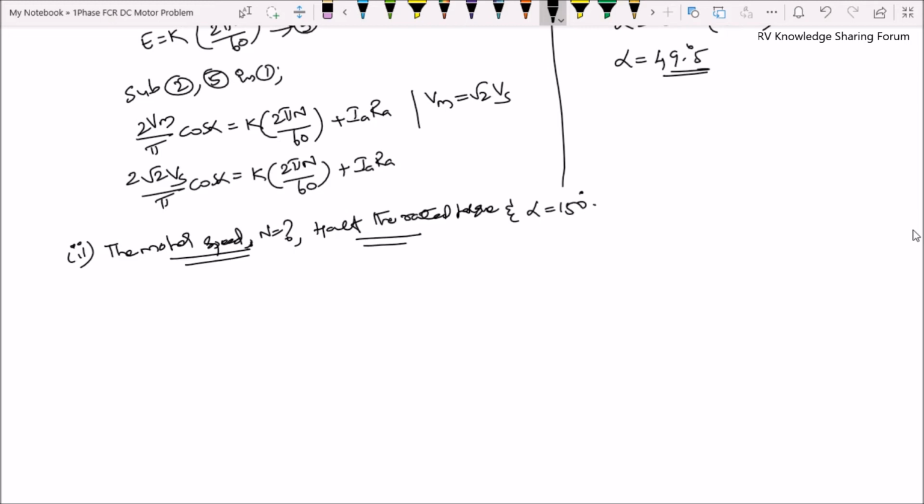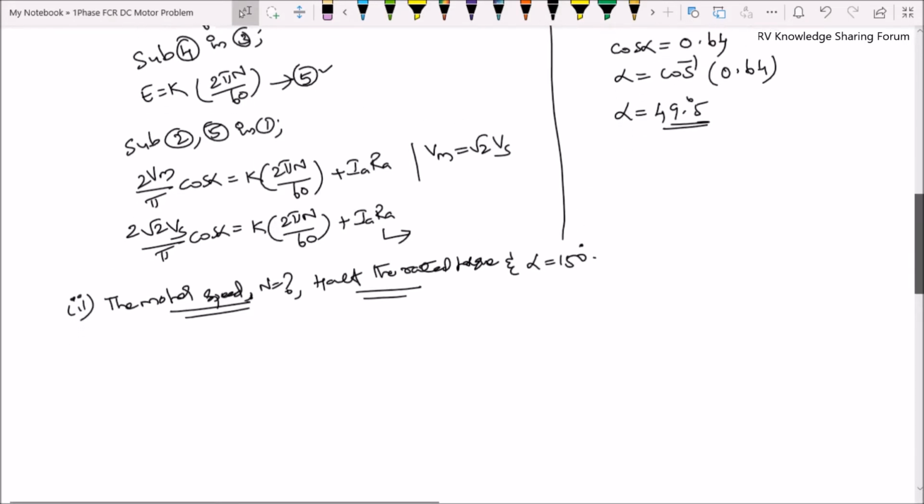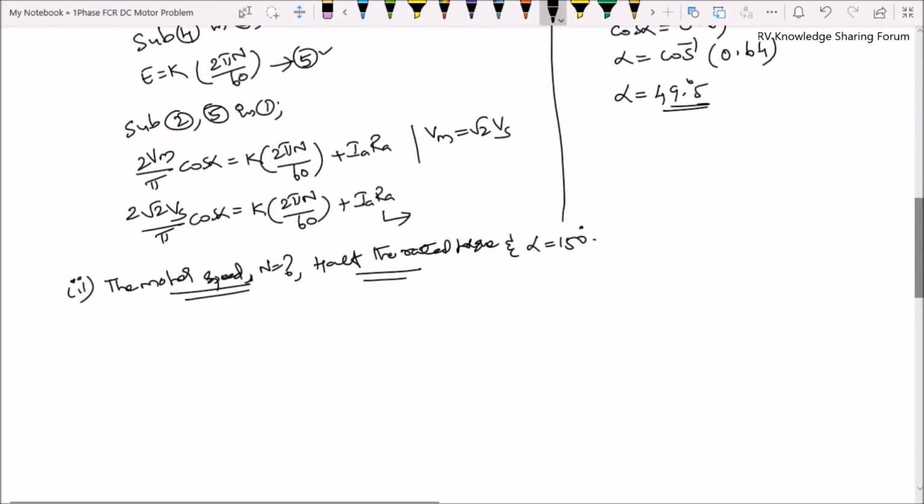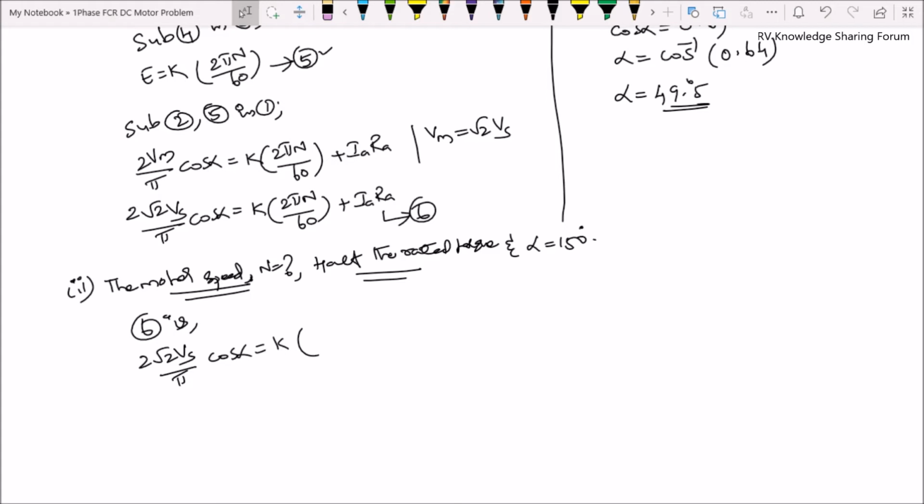So from the above expression, let this expression be number 6. So let me take the same expression. 6 is 2 root 2 Vs by pi cos alpha, which is equal to k into 2 pi n by 60 plus Ia Ra.